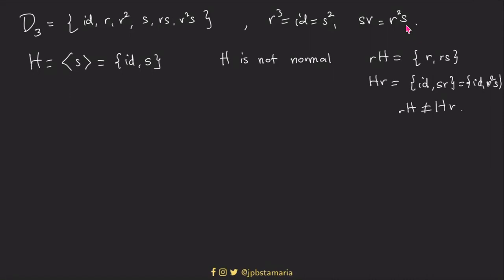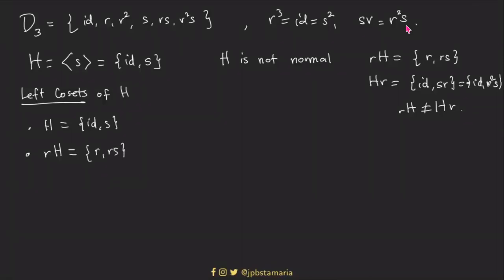Now, let's get the left cosets. We could have taken the right cosets instead, but let's just take the left cosets of H. So the left cosets of H are, of course, H. We could have RH. I already listed it.